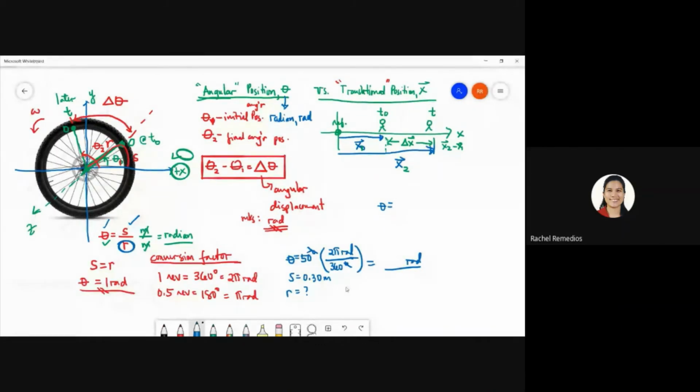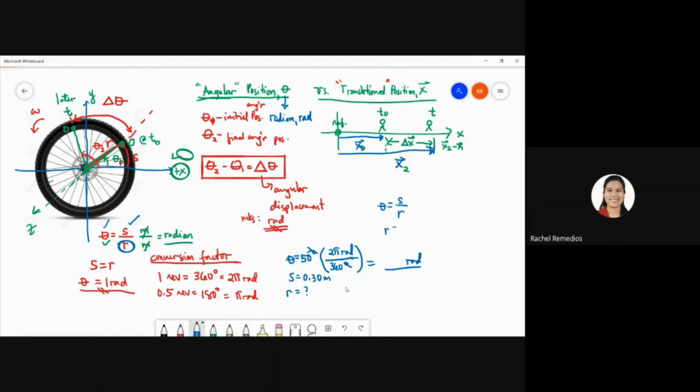Ayan. So, where was I? Ayan. So, kung yon, theta, then you just say theta is S over R. Ayan, nawala na ako sa focus. Sorry. So, we're looking for the arc length, the radius.